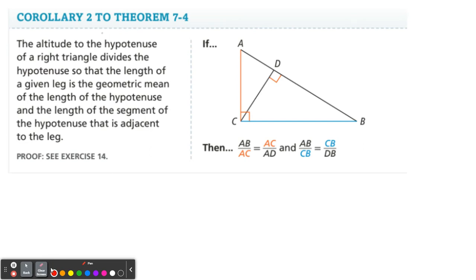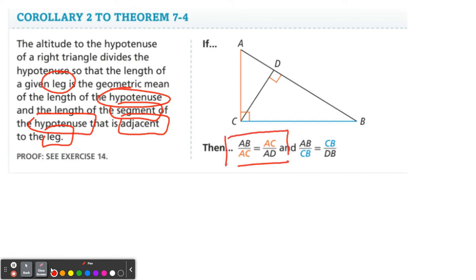It says the altitude to the hypotenuse of a right triangle divides the hypotenuse. The length of a leg is going to be the geometric mean between the length of the hypotenuse and the segment of the hypotenuse adjacent. This is where it gets really wordy, right? Adjacent to the leg.